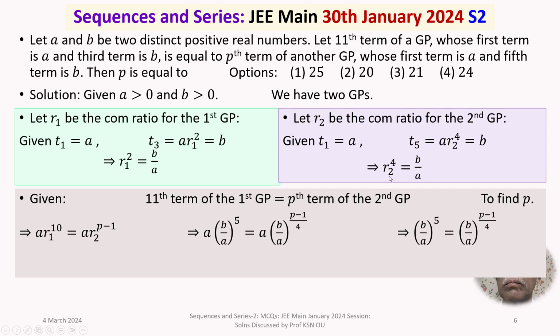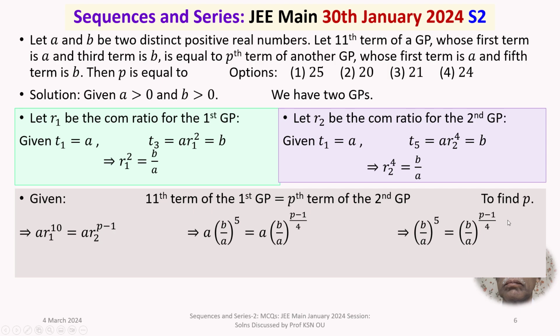R2 to the power of 4 is B by A, so R2 is B by A whole to the power of 1 by 4. And R2 to the power of P minus 1 will be B by A to the power of P minus 1 by 4. A cancels on both sides and the bases are B by A to the power of 5 is equal to B by A whole to the power of P minus 1 by 4.